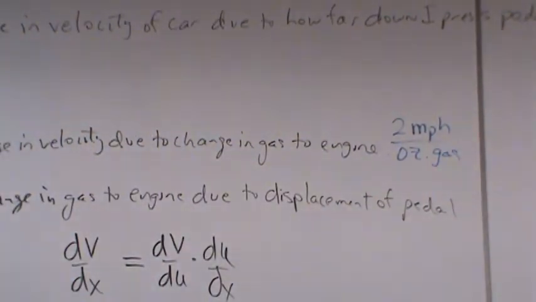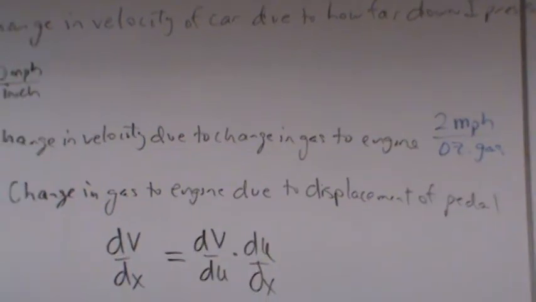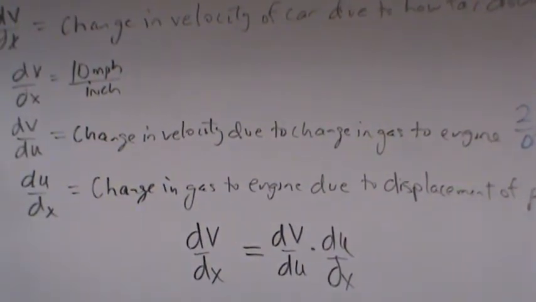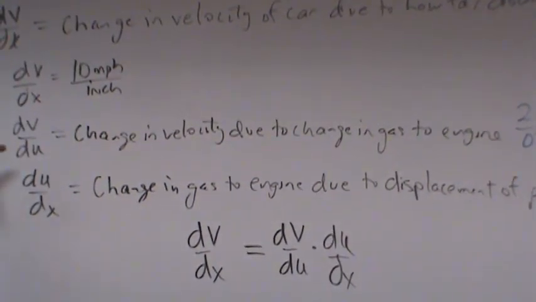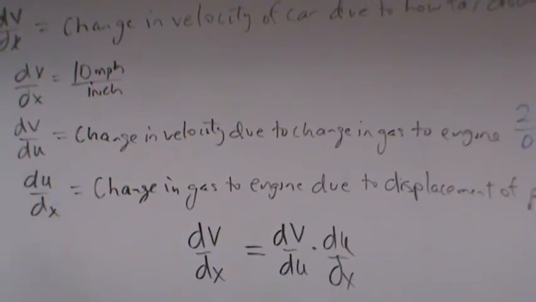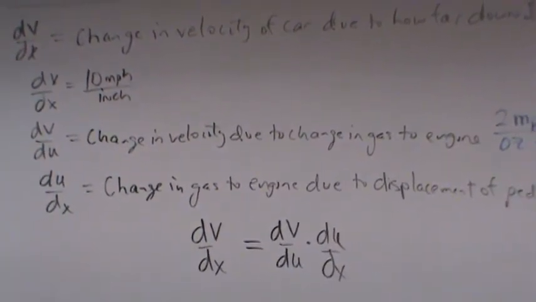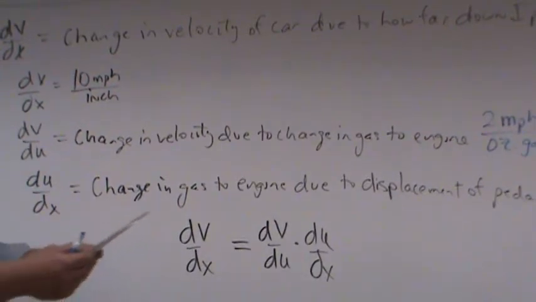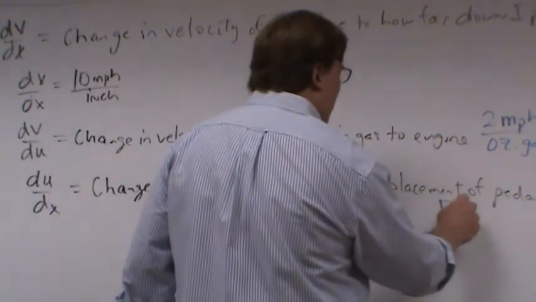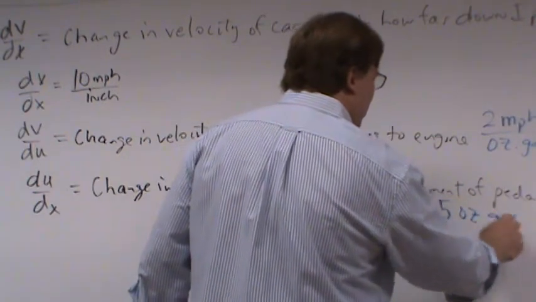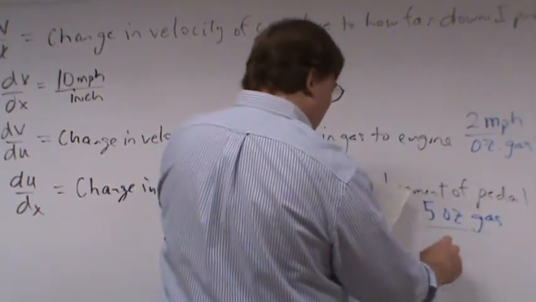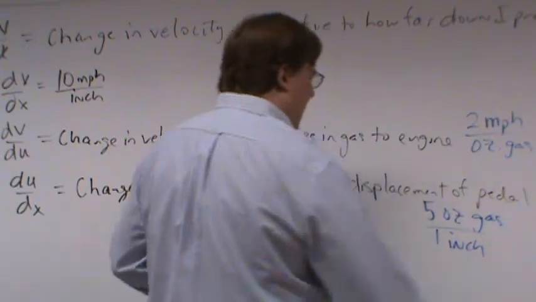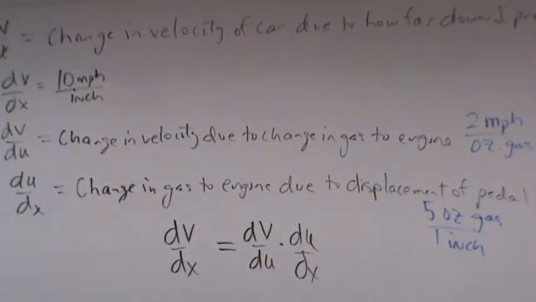Are you okay that that's a fine, made up change in velocity due to a change in gas to the engine? I'm going to go 2 miles an hour faster for every extra ounce of gas that goes to the engine. And then the change in gas to the engine due to the displacement of the pedal, well, let's say that happens to be 5 ounces of gas for every 1 inch that I depress the pedal, okay?